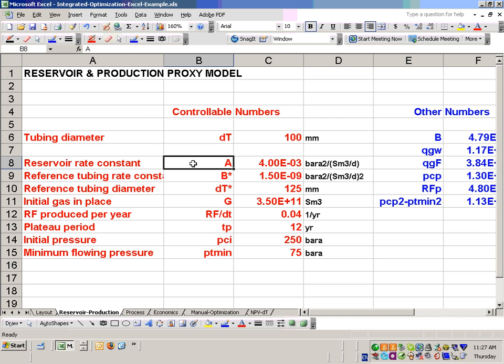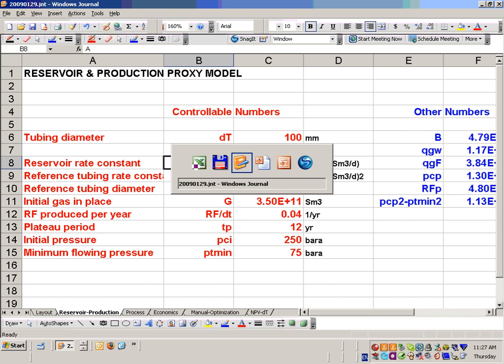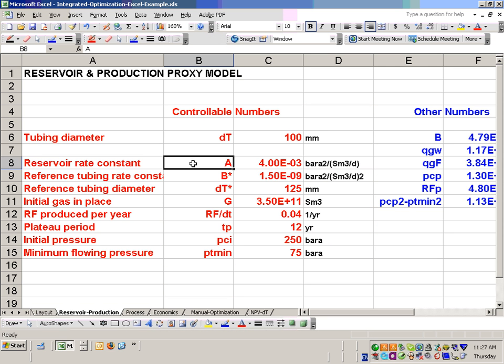I'm going to come back to this, but basically the permeability, thickness, and skin drive the A. So if you want to double the KH, then you would double A. I think that's the way it works. Maybe it's 1 over K. I have to be sure of the equation. We'll write these down. And then this B is the tubing constant, which we'll look at in terms of the calculation of rate.